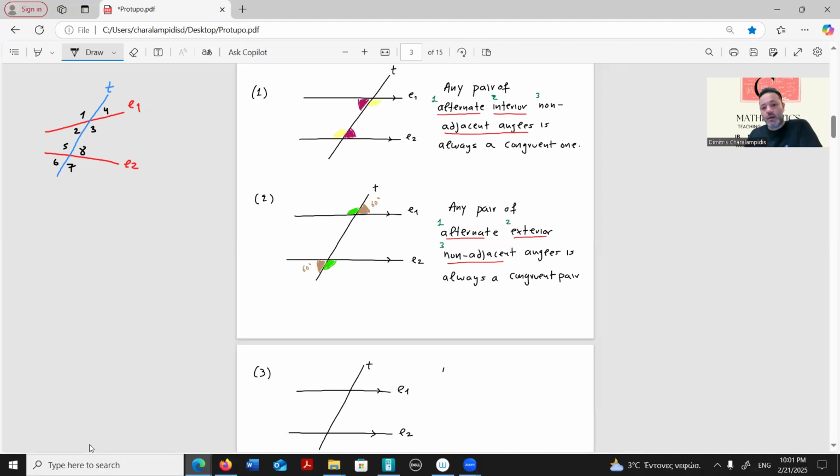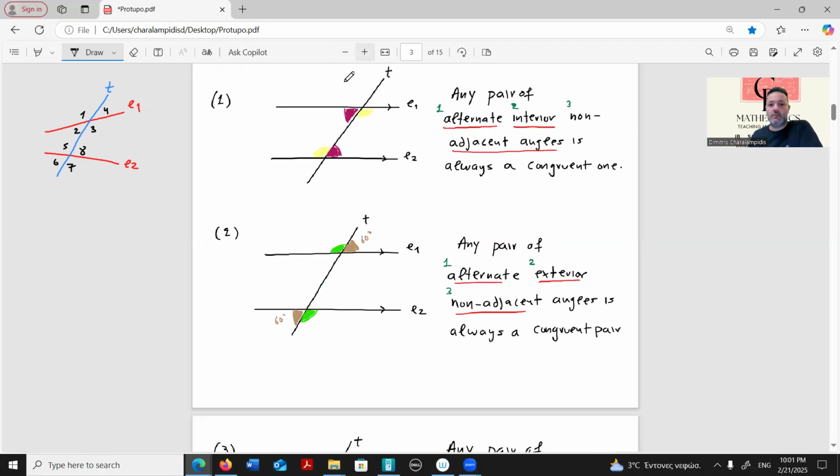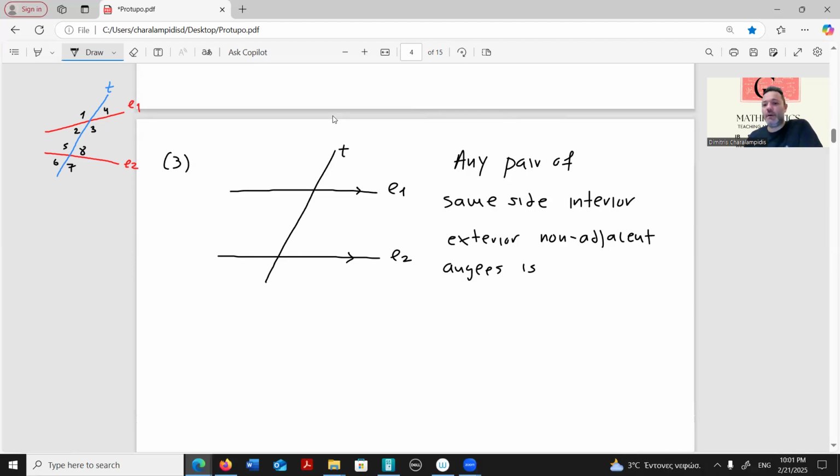Then any pair of same side interior exterior non-adjacent angles, let's make them a little bit bigger, is always a congruent pair, meaning that they should be equal.